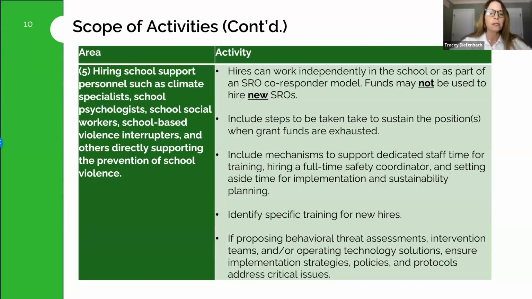And lastly, for applicants that implement behavioral threat assessments or intervention teams or operate technology solutions, it will be important to ensure that implementation strategies, policies, and protocols address critical issues, including student privacy, data security, race, national origin, disability, religion, and sex-based discrimination and bias. Training and ramp up for these new hires needs to be considered.